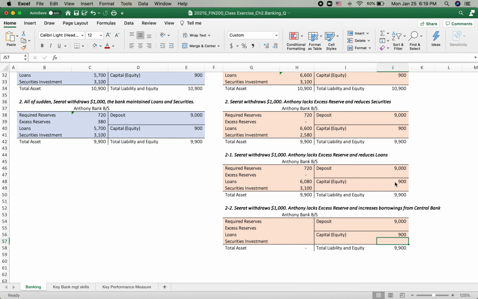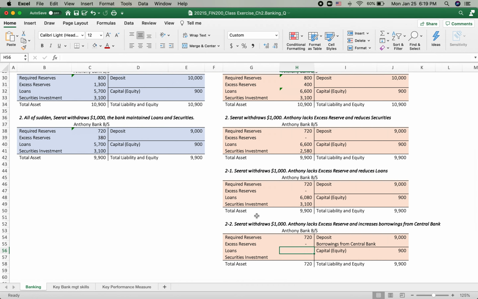But now this bank decided to borrow from the central bank. Now borrowings from central bank. Then how much do you have to put there? Okay, required reserve is 720 as we calculate 9,000 times 8%, and the excess reserve is 0. The bank used up this excess reserve of 400 because the total withdrawal is $1,000.